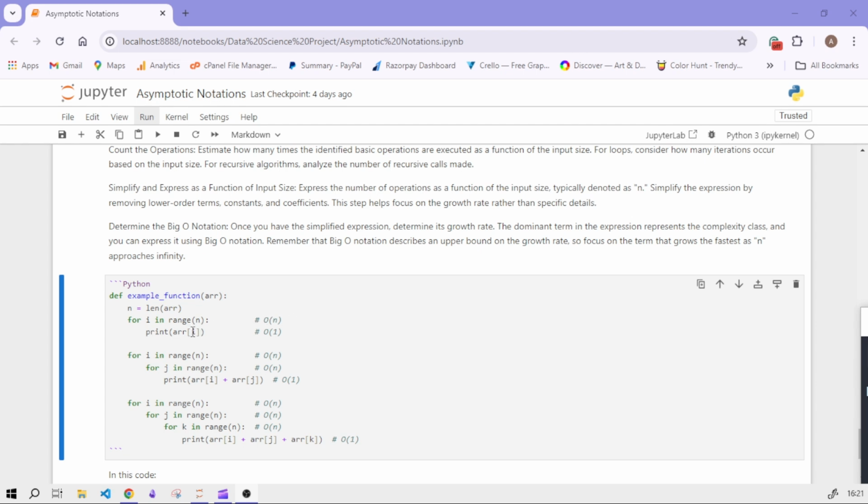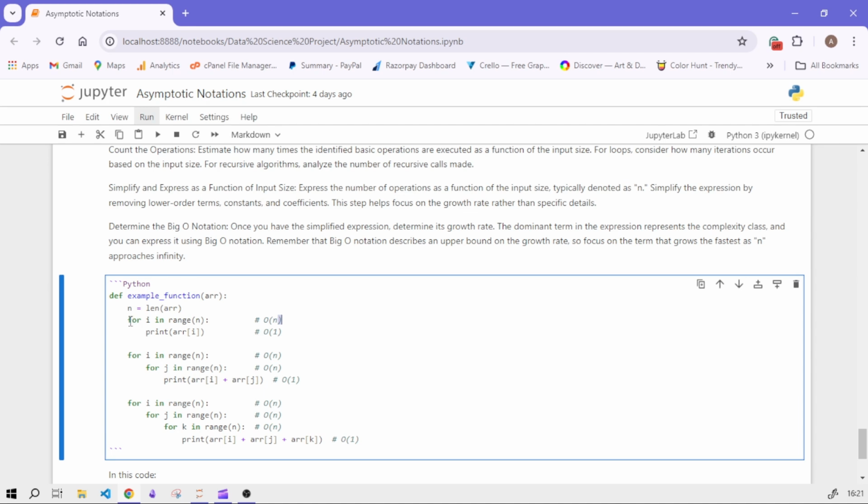And accessing an element of this particular array happens in big O(1), because no matter the input length, it will always take a constant time, but this one will grow linearly. So this is nothing but the growth factor. What we are saying here is, if we perform this operation, the growth will happen at this rate, and if we perform this operation, the growth will happen at this rate. Here I have not written anything, but that will also be O(1).